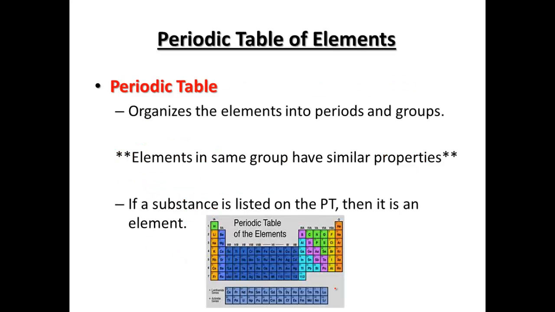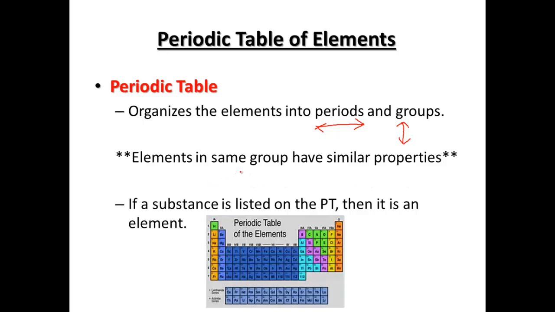Now our periodic table of the elements only includes elements, and it organizes them into periods and groups, which we'll focus on a little bit later on. Periods on the periodic table run from left to right, and groups are columns running up and down. The table was organized by similar chemical and physical properties.